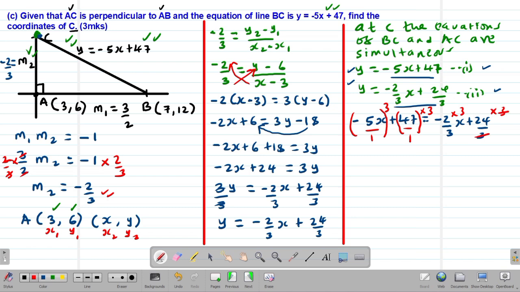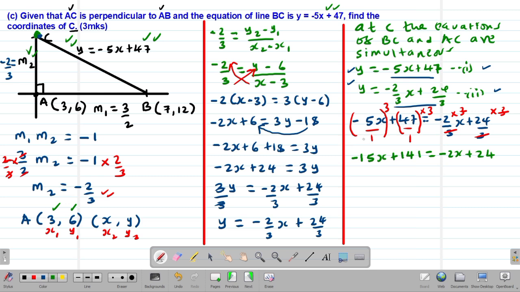Of course, the 3s are going to cancel out. So when I cancel out 3, I remain with the following. 3 multiplied by negative 5, I'll get negative 15x. Then plus 47 multiplied by 3, I'll get 141. Then this will be equal to negative 2x, then plus a positive 24.